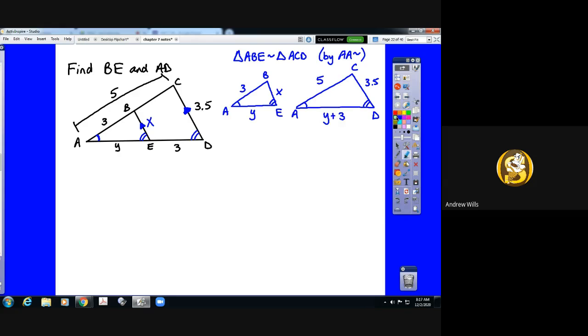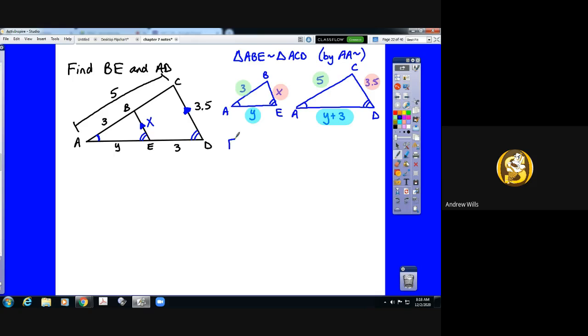Okay, and I know that I've been circling, but I'm going to use color this time only because they're separated now, so I don't want to circle stuff quite as thoroughly. So if we look, we have each set of sides corresponding to each other. 3 corresponds to 5, x corresponds to 3.5, and y corresponds to y plus 3.